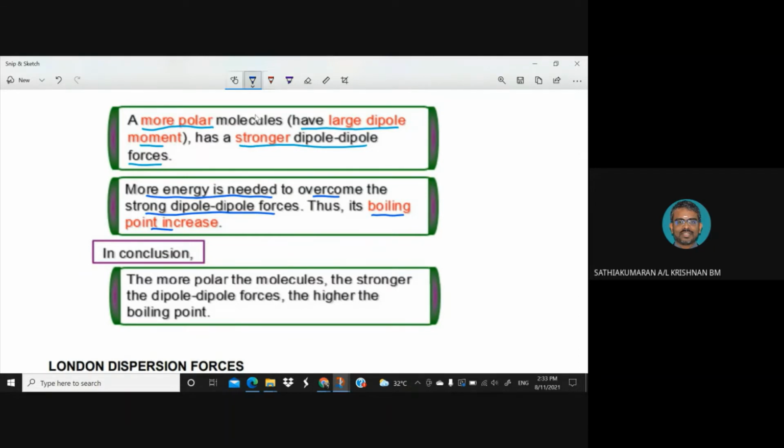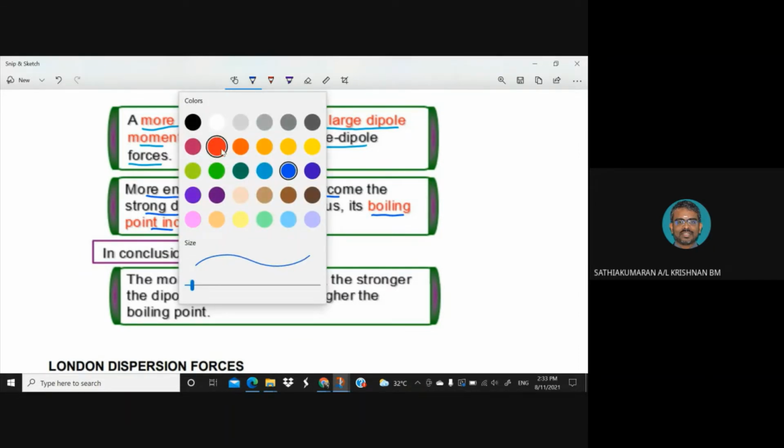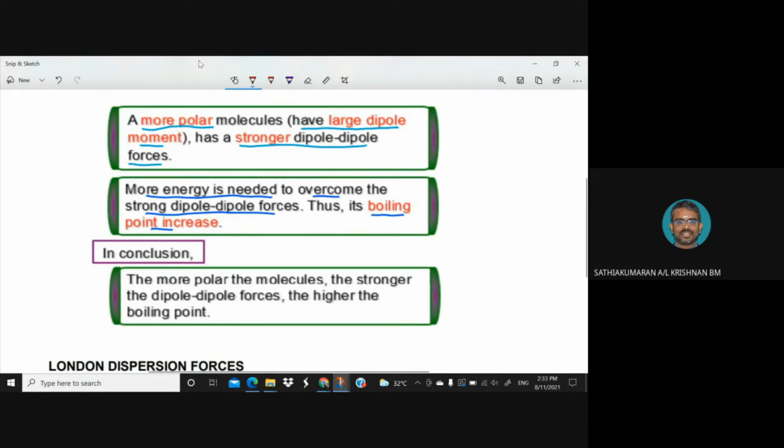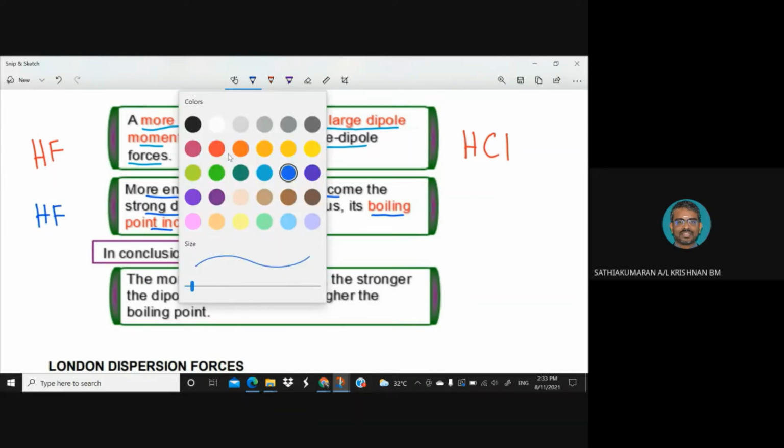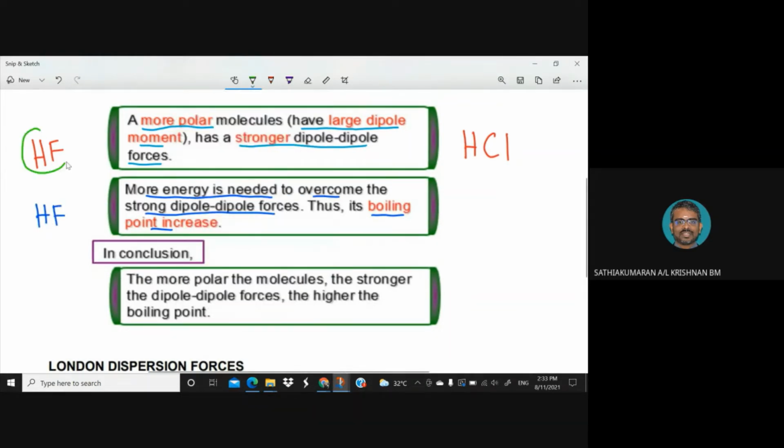Okay. Now, for example, I got HF. I got HCl. After that, between another HF, is it confirmed?